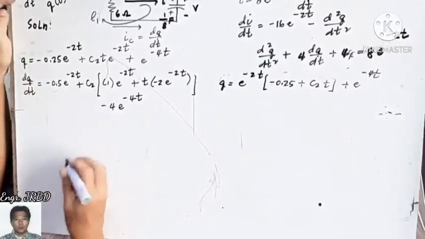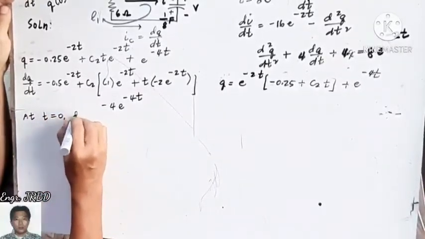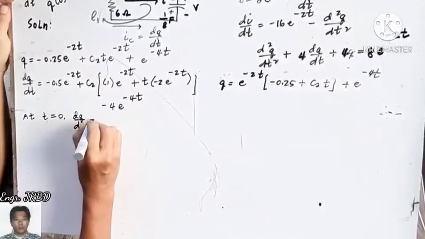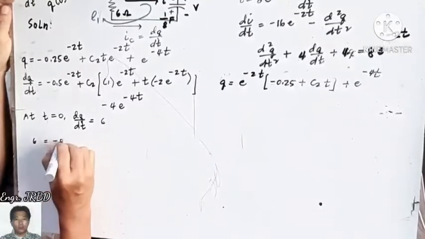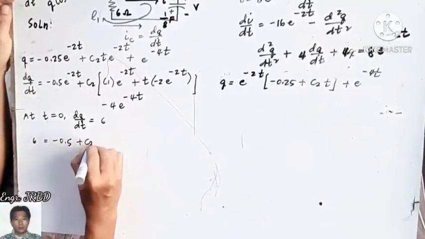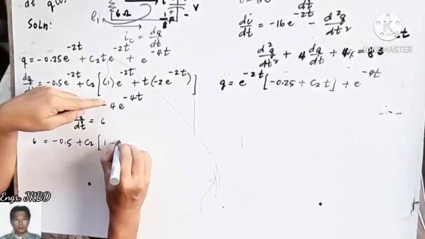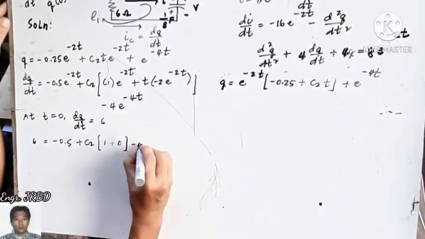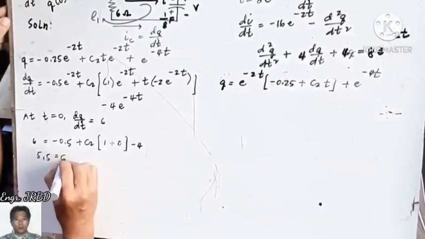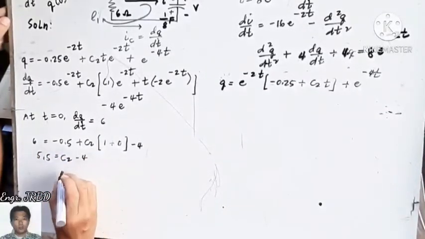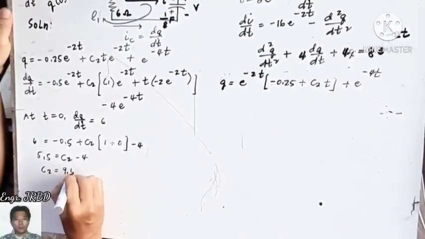Then we make use of the initial condition that at t equals 0, the derivative of q with respect to t is 6 coulombs per second. So this is 6 equals negative 0.5 plus C2, okay, 1 plus 0, minus 4, correct? So this is 5.5 equals C2 minus 4. So C2 is equivalent to 9.5.